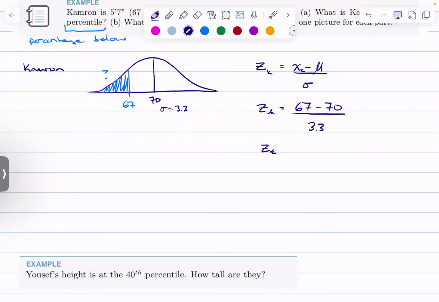Oh, thanks, Stefan. I get negative 0.90909, blah, blah, blah. Let's round this, negative 0.9091.